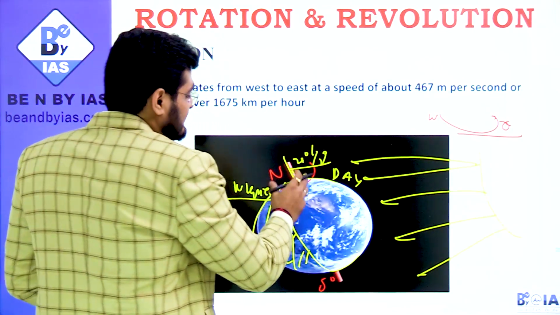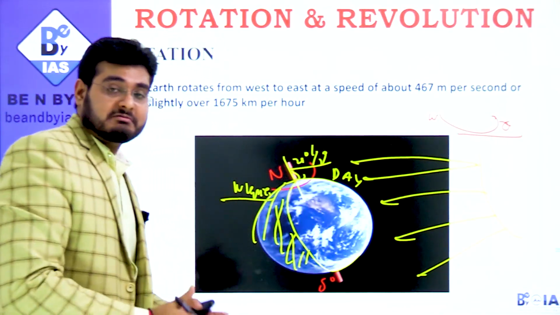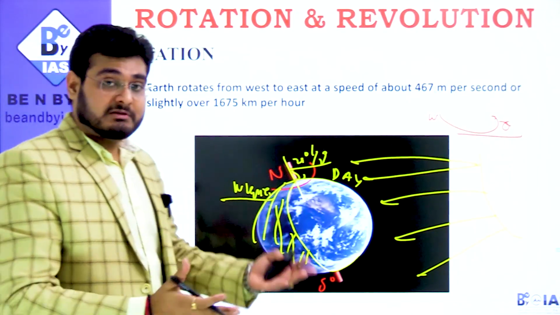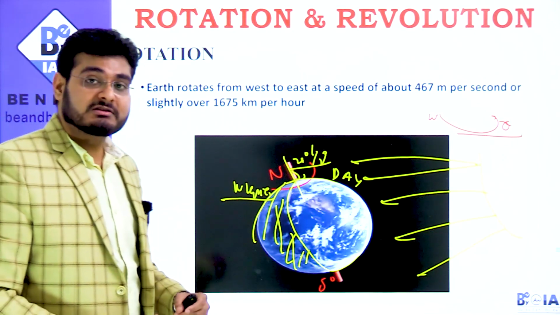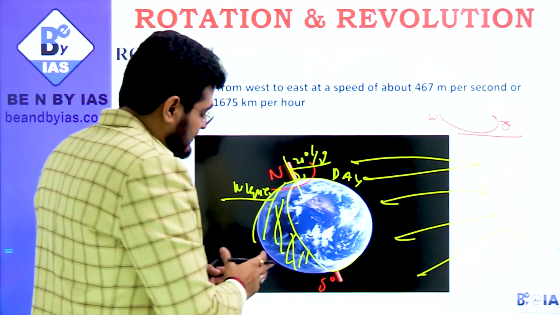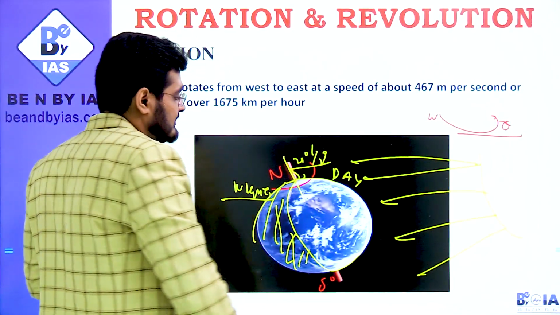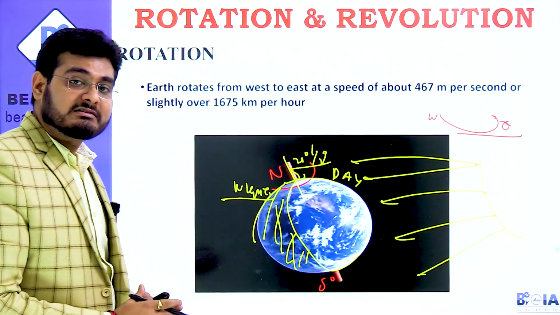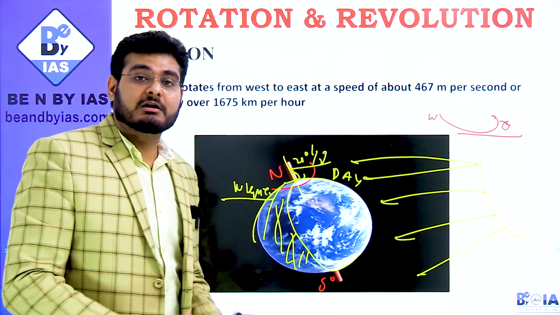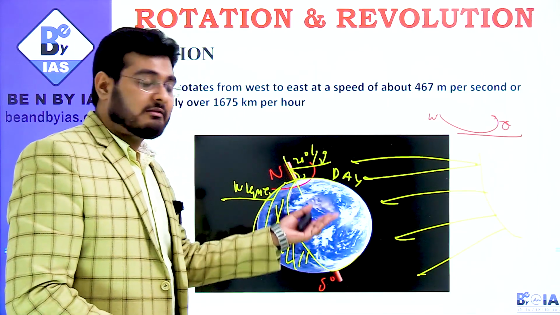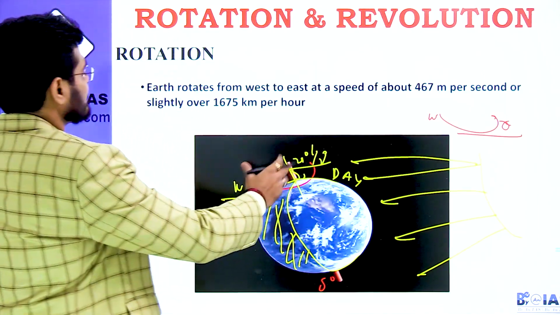So in this case, northern hemisphere receives sunlight for maximum amount of time. For 6 months rather, there is no night in northern hemisphere when there is a summer solstice in the month of June. So at that time it's always covered with sunlight. In the northern pole you can see daylight every time, and southern hemisphere is at that time totally under darkness. Same occurs when the reverse happens. So this is your rotation.